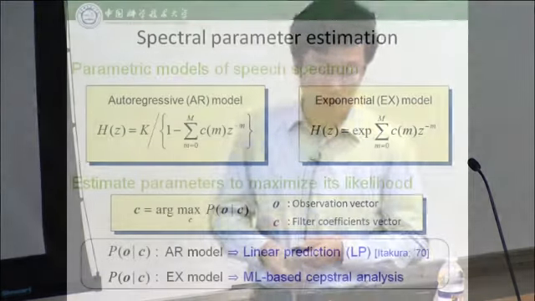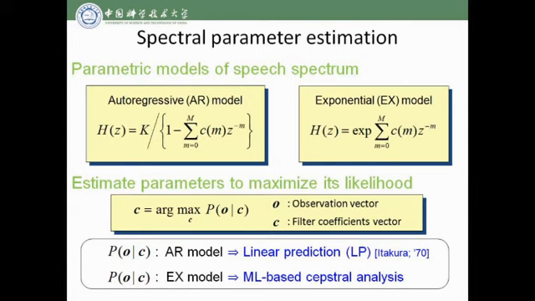Here we can use different kinds of spectral parameters according to the different kinds of speech spectral model we use. For example, we can use the autoregressive model to represent the speech generation process. In this case, the spectral parameters c(m) become the linear prediction coefficients.